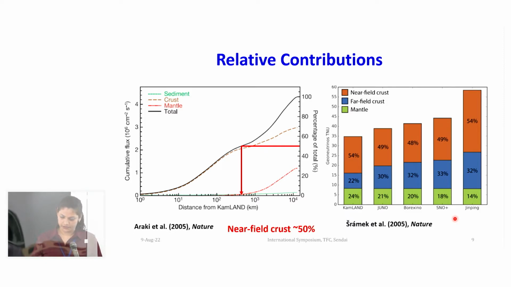The near field crust will contribute about 50% of the total Geo Neutrino flux. So it is really essential to have a better geological model which can give you a good estimate of the near field crust.